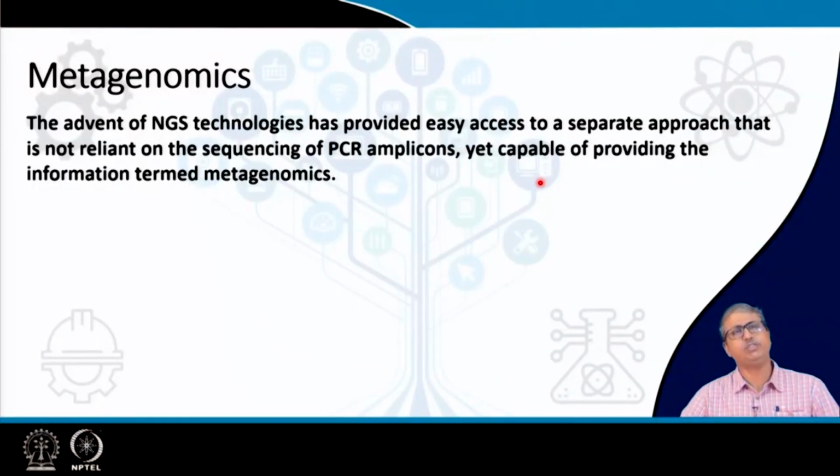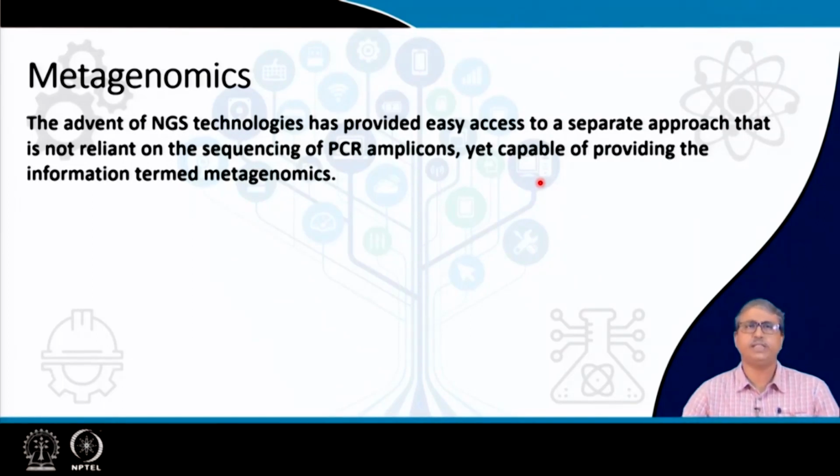So, basically metagenomics first evolved maybe around 25 years ago or so, and over the last 2 decades, initially it was basically the fragmentation of the total DNA without any PCR, and the fragmented DNA pieces used to be cloned, and each of the clones was screened for its sequence through Sanger sequencing or tested for its function.